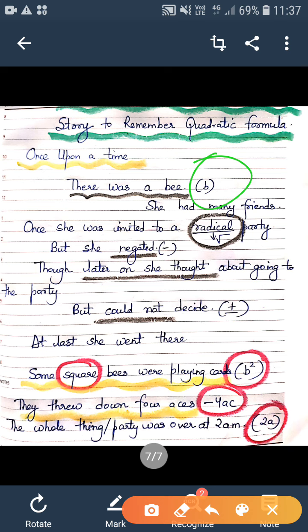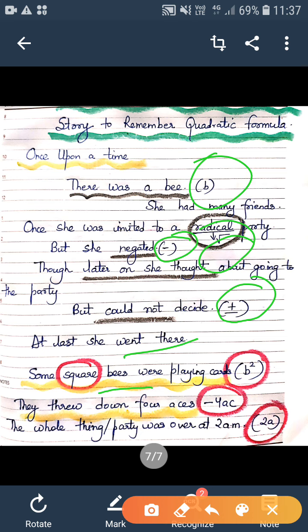Radical means something belonging to a particular idea, and the radical sign in mathematics denotes square root. But she negated to go to the party. Negated, so we use a negative sign. Later she thought about going but could not decide. Could not decide gives the plus minus sign. Now at last she went there.